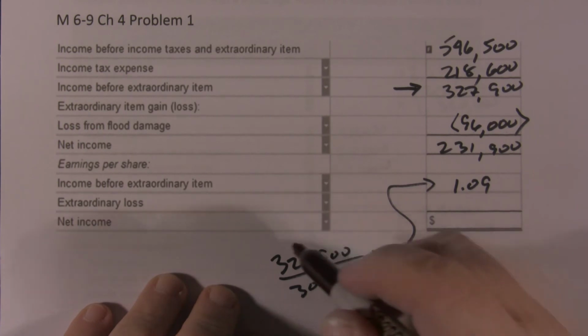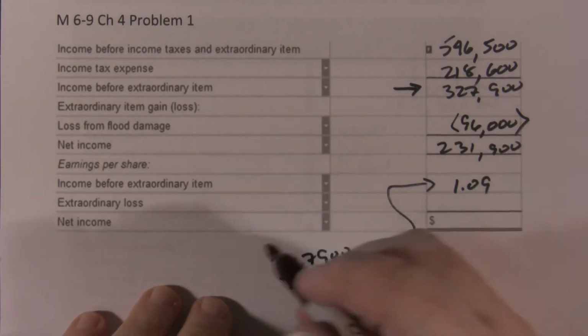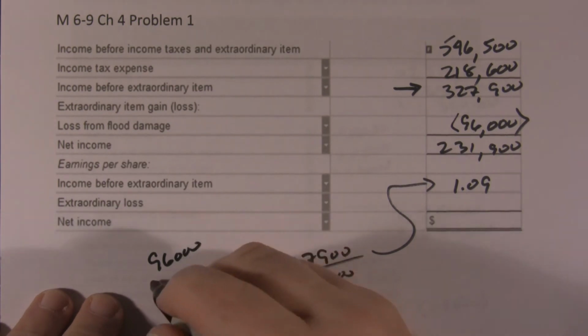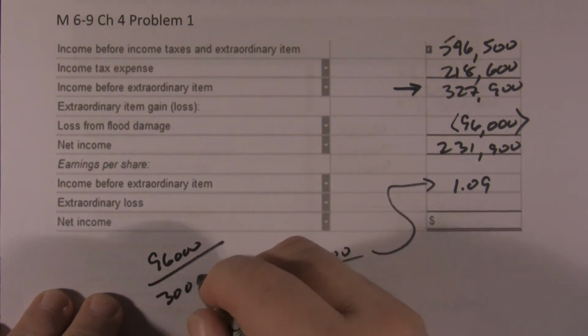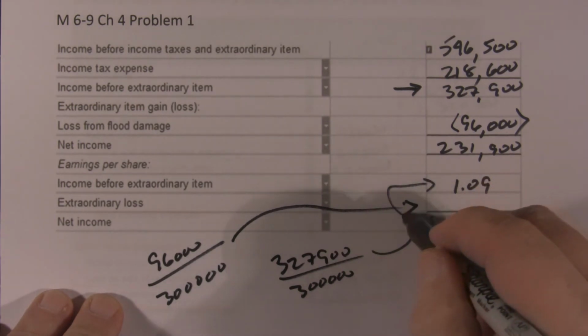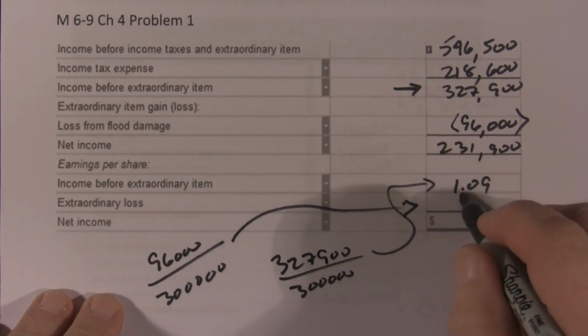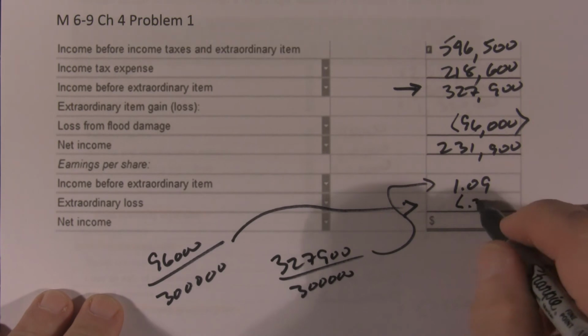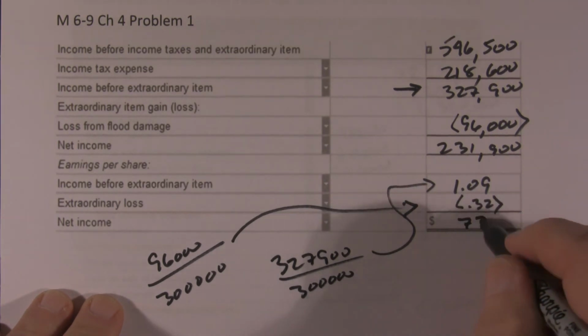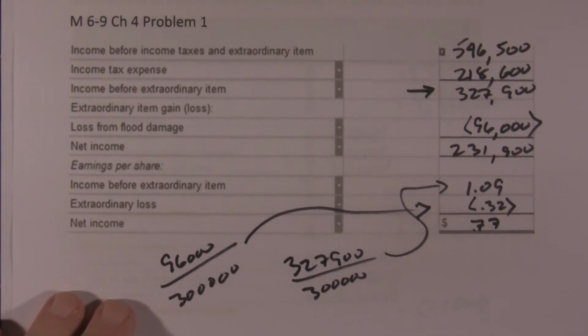And now we're going to take this piece, the 96,000, divide that amongst our 300,000 shareholders, and we come up with this piece of a loss of 32 cents for net income or EPS of 77 cents.